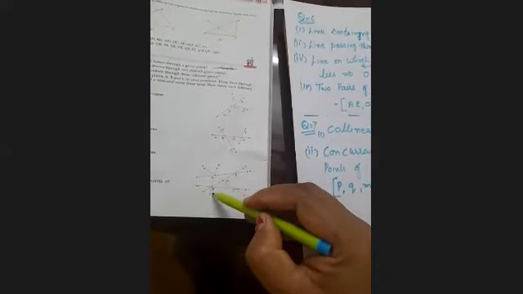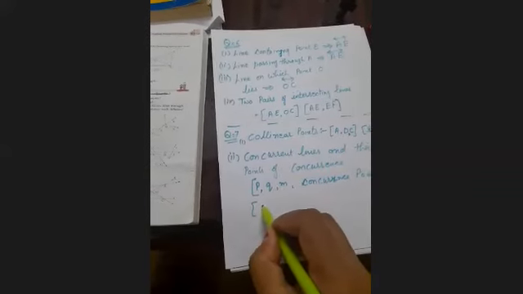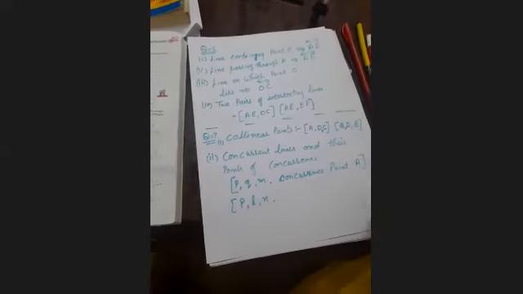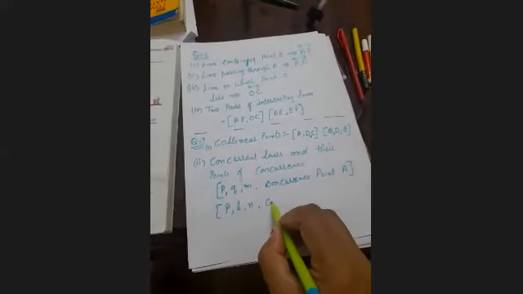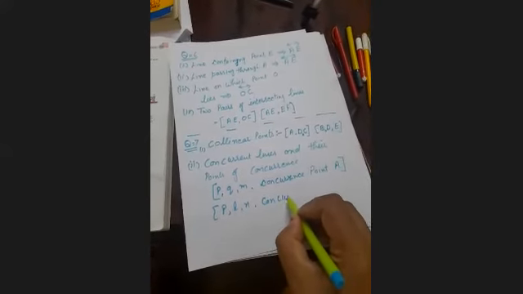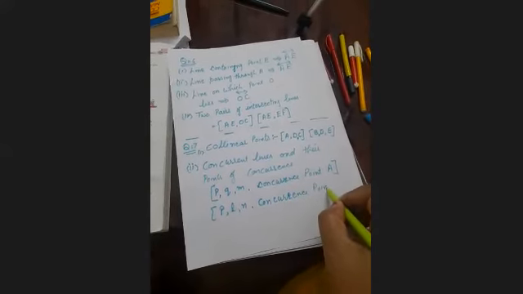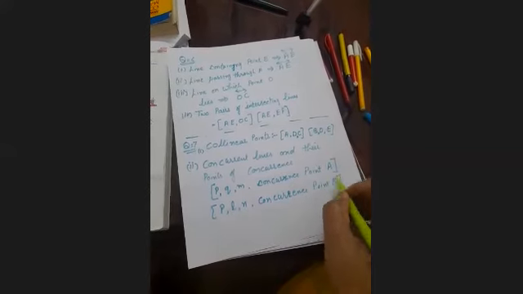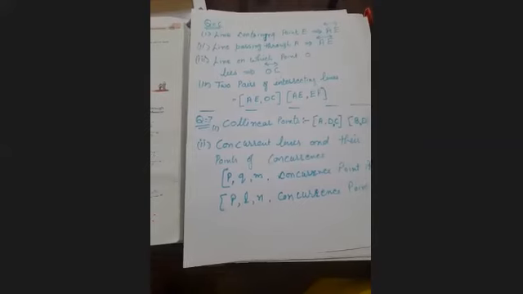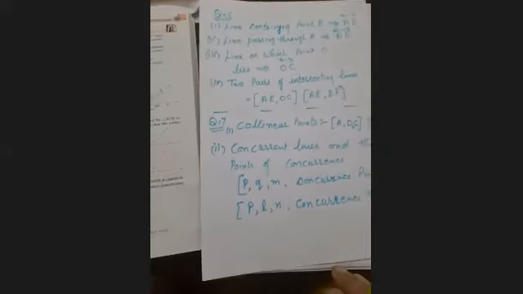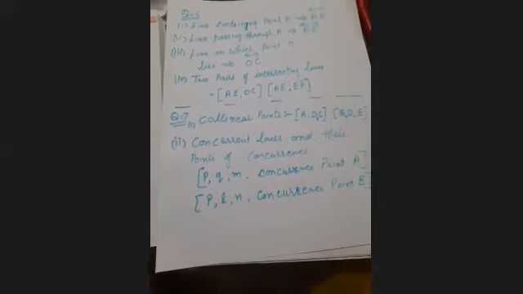These lines are line P, N, and L. Line P, L, and N, and the concurrent point is point B. Yes, friends, this is the 7th question of exercise 5.1. Clear, students?